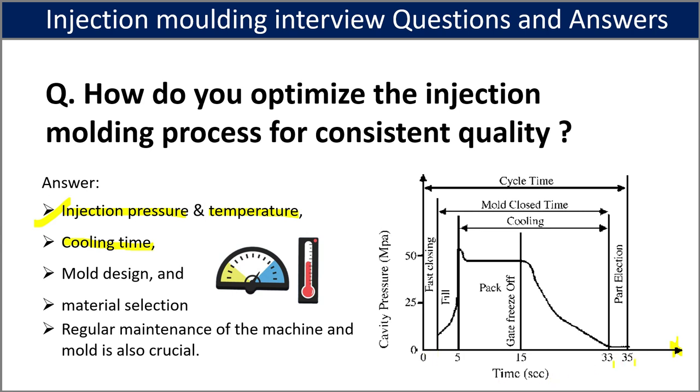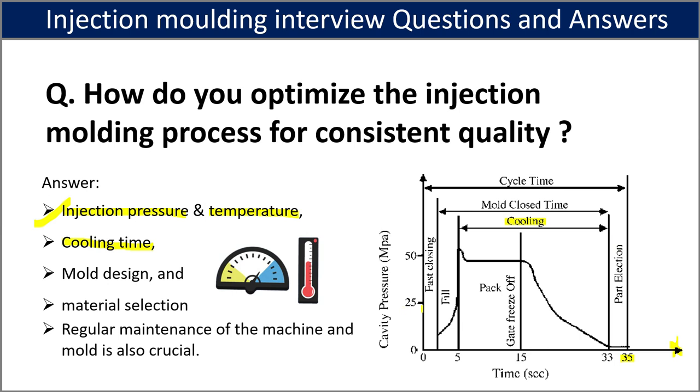Here we can see a 35 second cycle time to produce one part, and out of that the cooling occupies more than 50%. First is the closing, then we fill the material, and after that we allow the material to cool and solidify, and then this is the ejection process.